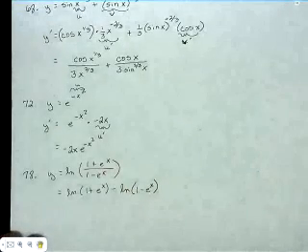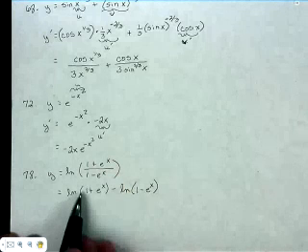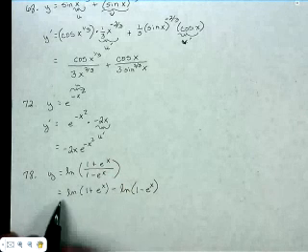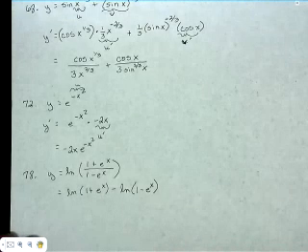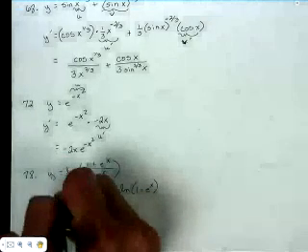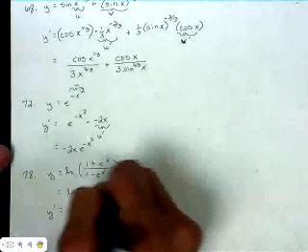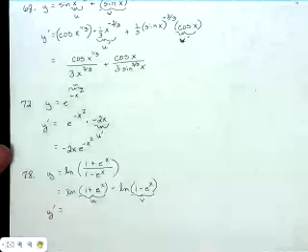Now make sure you don't distribute log through a sum. The natural log of 1 plus e to the x is not natural log of 1 plus natural log of e to the x. This is not multiplication. You can't distribute it. All right. Let's call that ugly, and that my v.